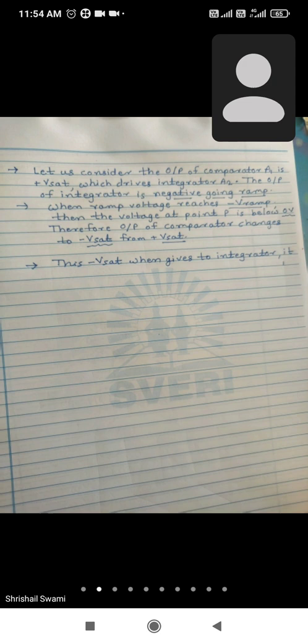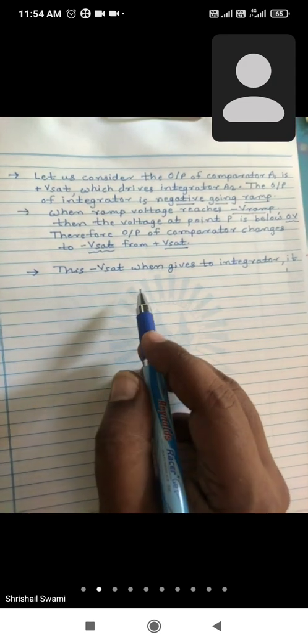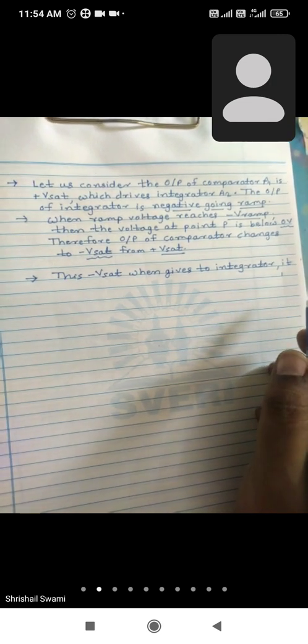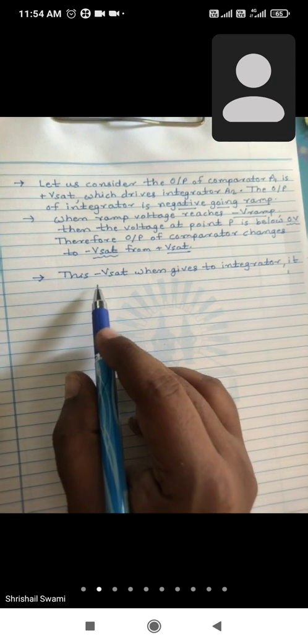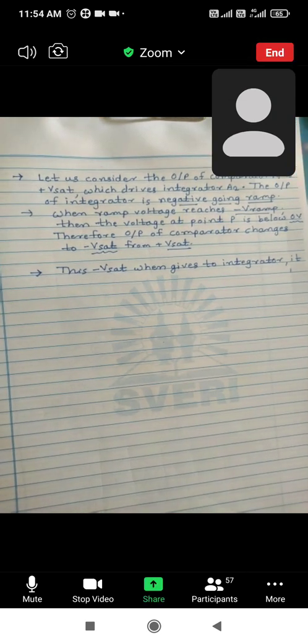Yes sir, visible, but the mobile is shaking so it is getting blurry. Okay. Is it visible or still blurry? Yes sir. It is blurry. Yes sir.